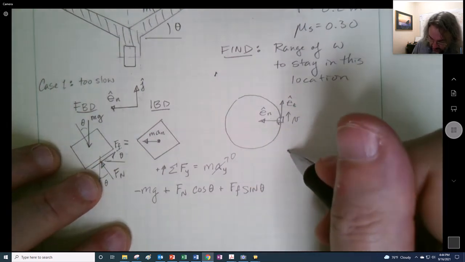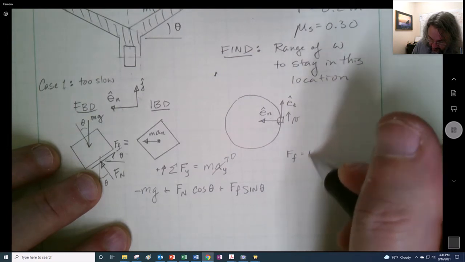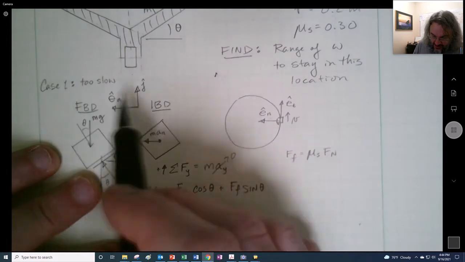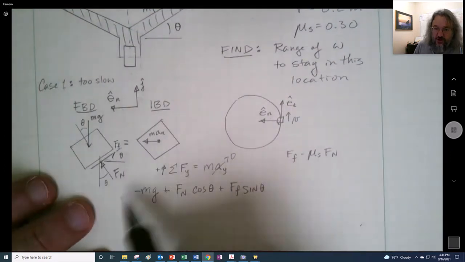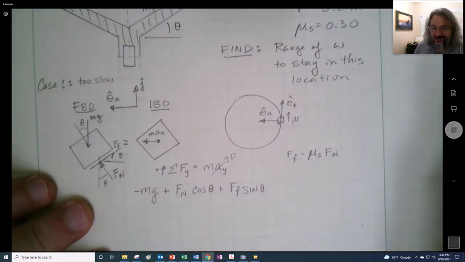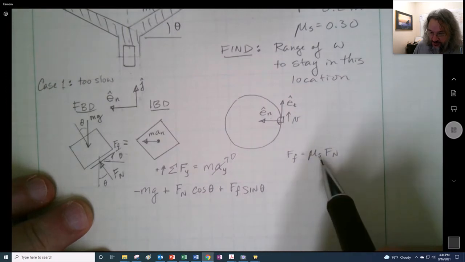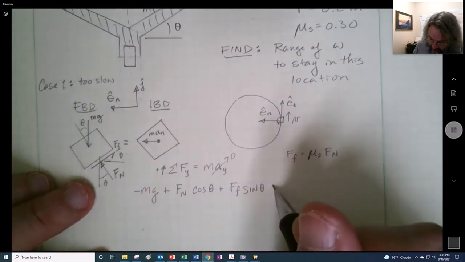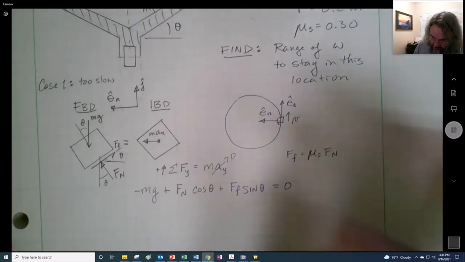Something we also want to know is that Ff is equal to mu s Fn at this condition. This is just on the verge of sliding downwards, right? That's what we always do for the static coefficient. And I think I got all the forces over here. That equals 0.